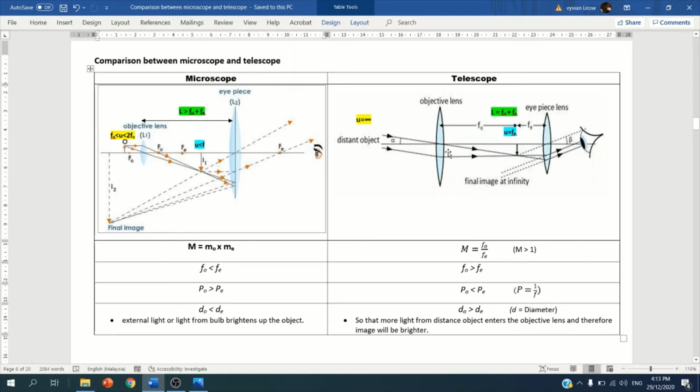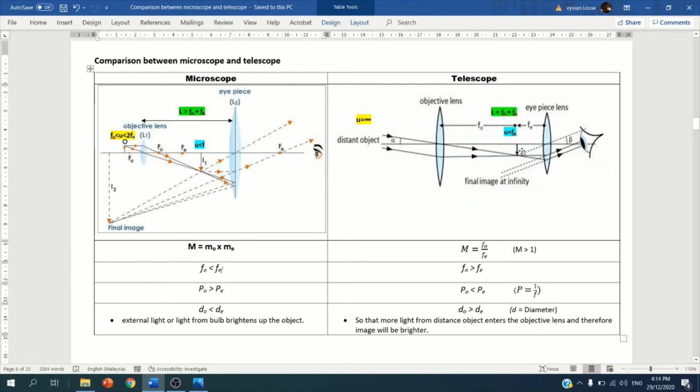The image is real, inverted, and diminished. Why diminished? Because the objects for the telescope are planets and stars. These are huge objects, so in order to see them as a whole, we have to make their size smaller first so that we can see the whole planet. Only then is it magnified by the eyepiece.